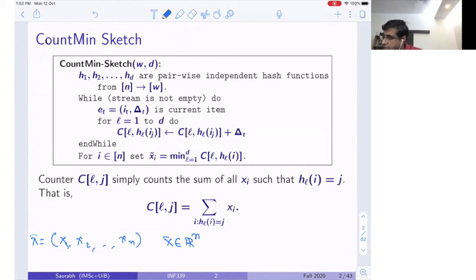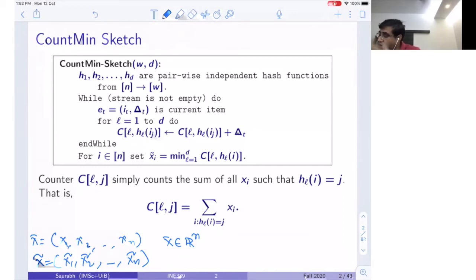What we wanted was an estimate of each coordinate. So at the end, we were returning some xi tilde for each coordinate, and this was our goal.